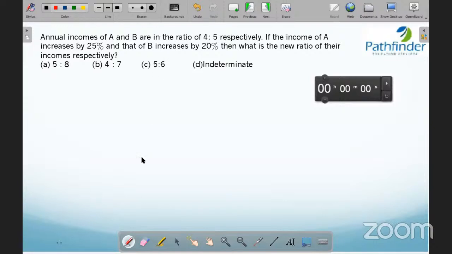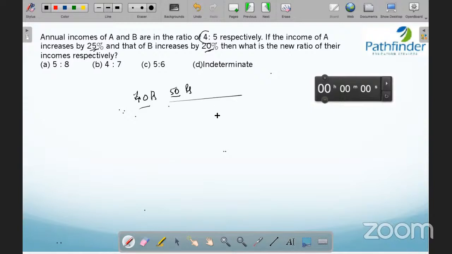It says A and B are in the ratio of 4 is to 5 respectively. Income of A increases by 25%, income of B increases by 20%, and you are asked the new ratio of their incomes. The best way to solve this is you assume the incomes to be 40 rupees and 50 rupees, right? These are initial incomes, they are in the ratio of 4 is to 5.